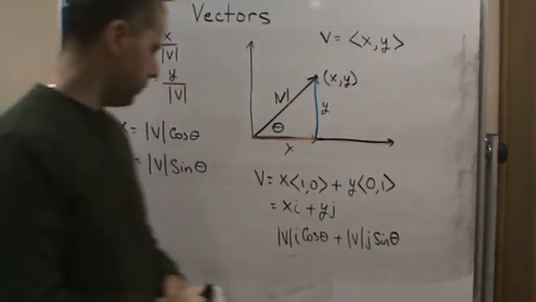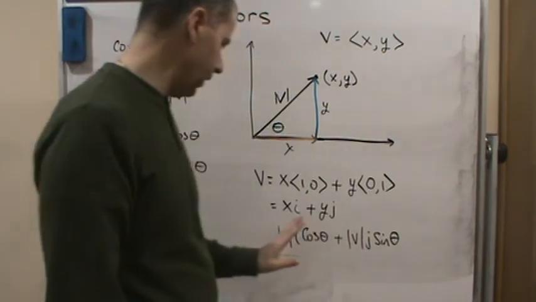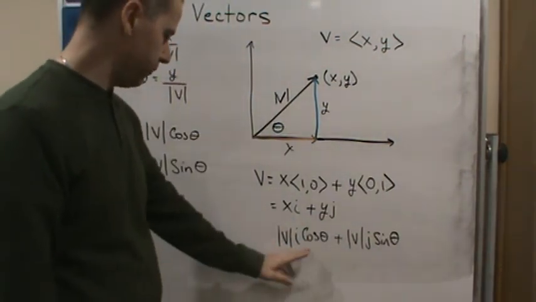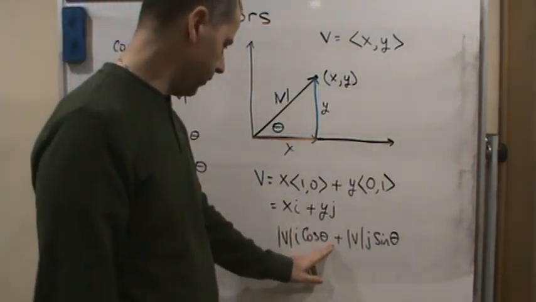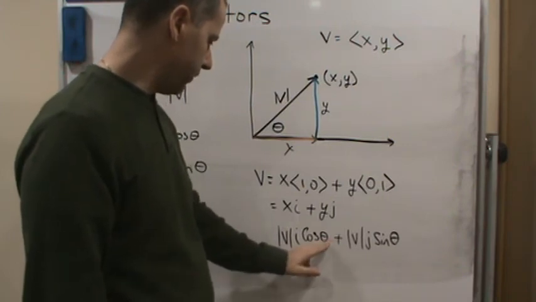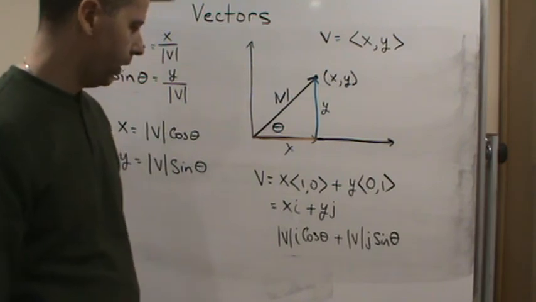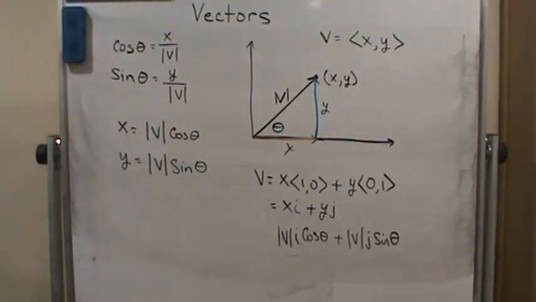Now you could put the i here and the j here if you want. I just put it in front so it doesn't get confusing, so students don't make the mistake of thinking that it goes with the angle. But again, you could put it in the other way as well.